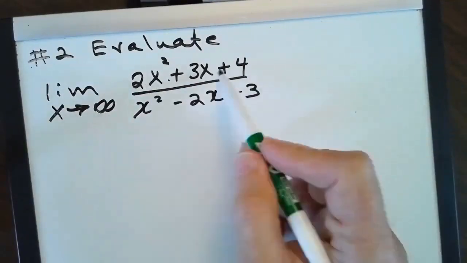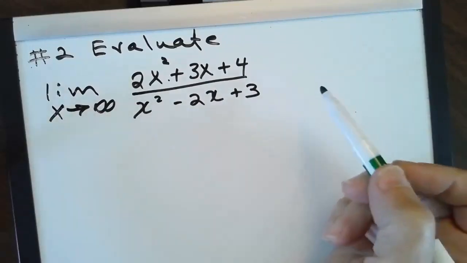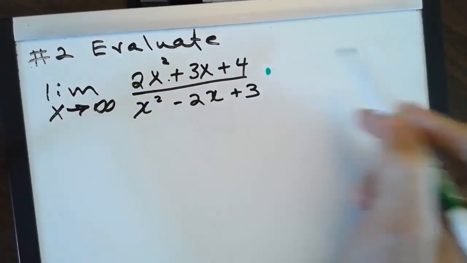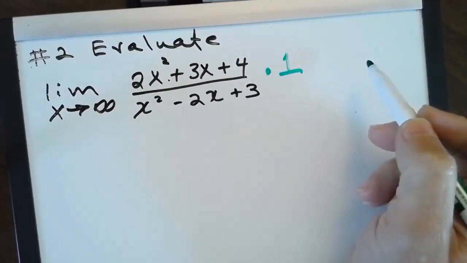So with infinity, you can't just substitute it in like you can if you had a specific number that x was tending towards. So one of the methods we can do is multiply this by 1.